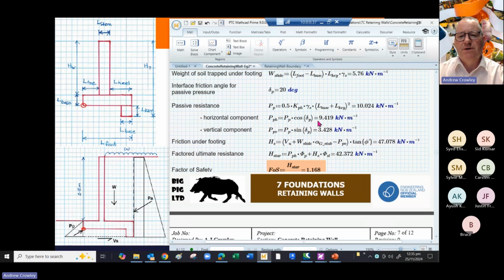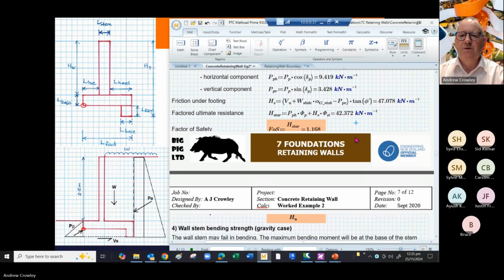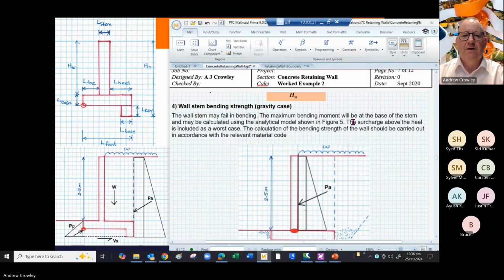So our horizontal component is 9.4 and our vertical is 3.4. We can work out what the friction under the footing is as 47 and the factored ultimate resistance as 42. So our factor of safety works out as 1.16, so the applied load is slightly smaller than the capacity.